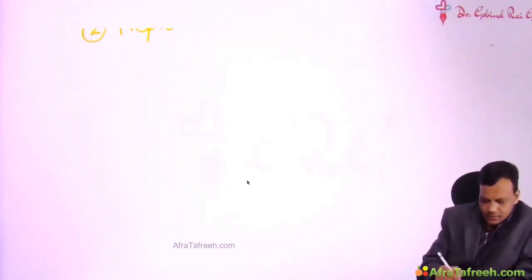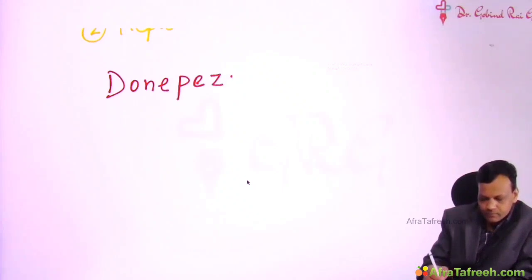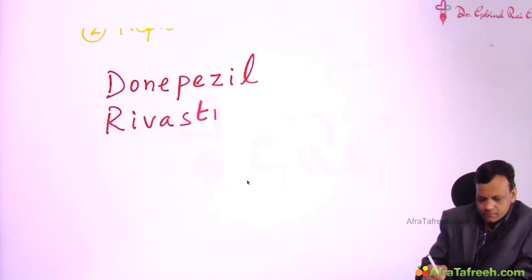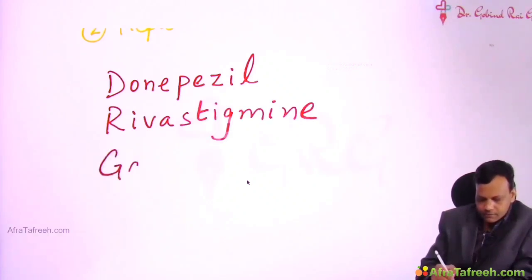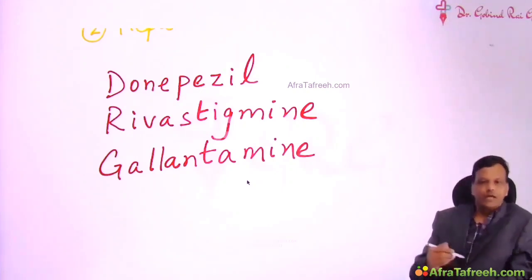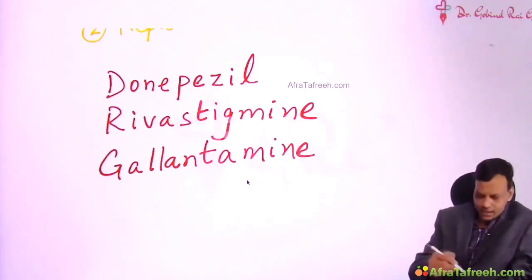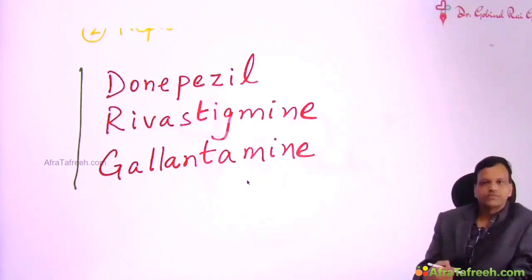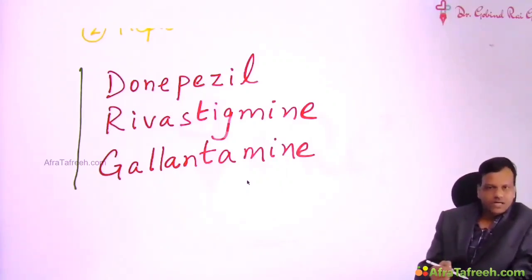These drugs are donepezil, rivastigmine and galantamine. Like tacrine, these are acetylcholine esterase inhibitors. Like tacrine, these are reversible drugs.